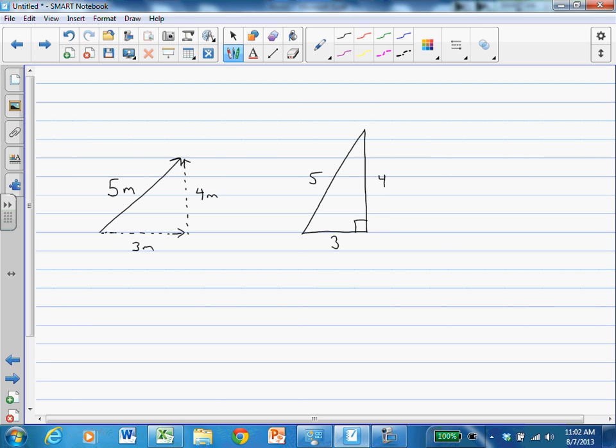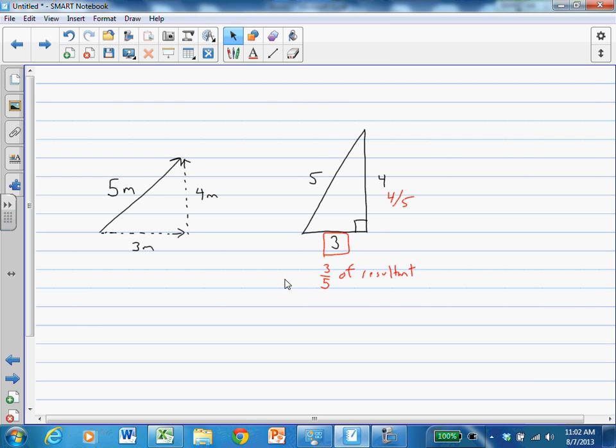We can see that this side right here is 3/5 the value of the resultant, or the hypotenuse 5. And this one is 4/5 the value. It's ratios. Now it wouldn't matter how big the triangle is.